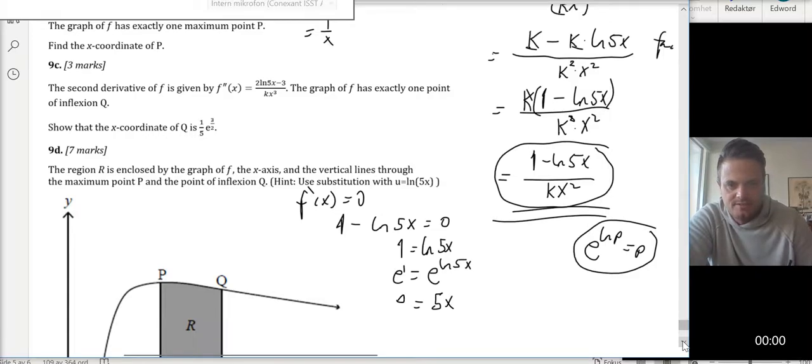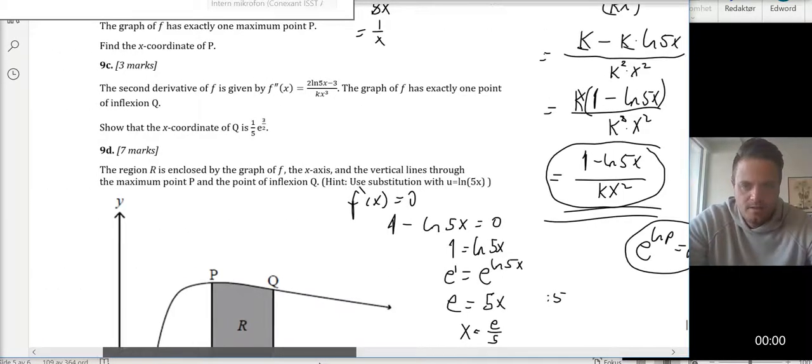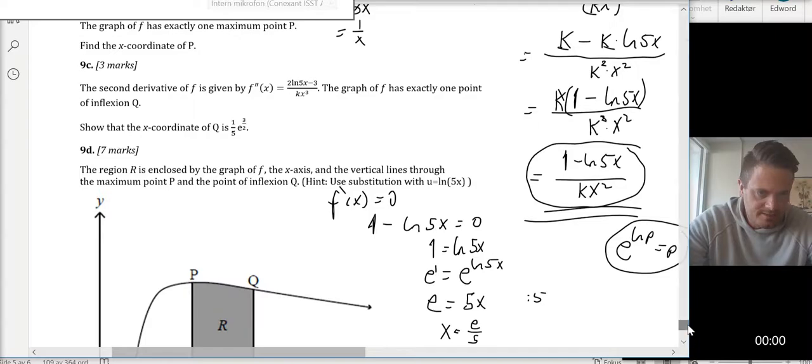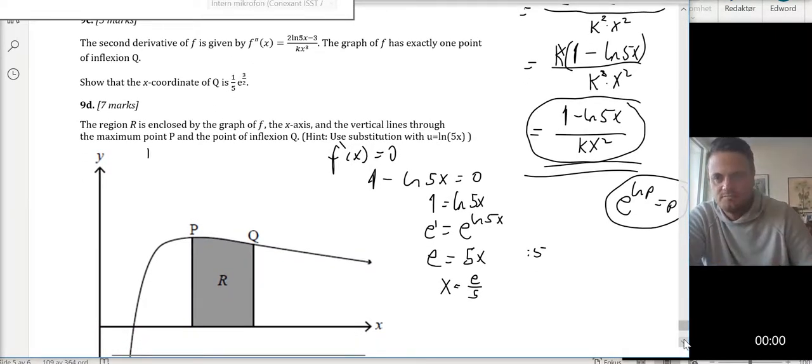So I get 5x is equal to e. And then I just divide by 5 on each side. And I get x on this side. And I get e divided by 5 on this side. Yes. There we go. So that is the x coordinate of this maximum point. So this maximum point, which is called P, this point here, has x coordinate e over 5.